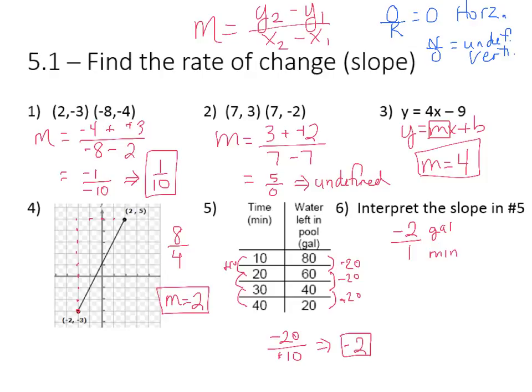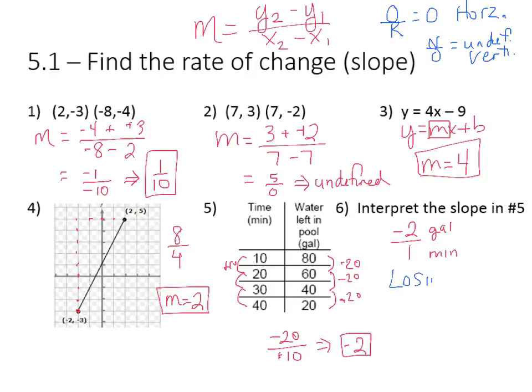So what's going on with this? Well, over time, this is the water left in the pool, and since your rate of change is negative, that must mean that we are losing water, and we are losing water at 2 gallons a minute.